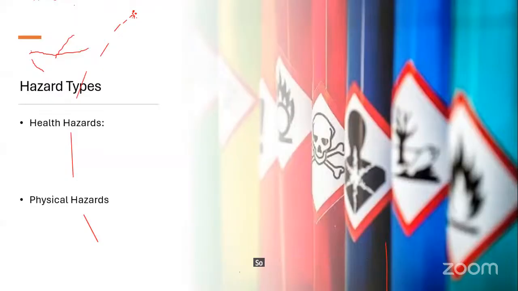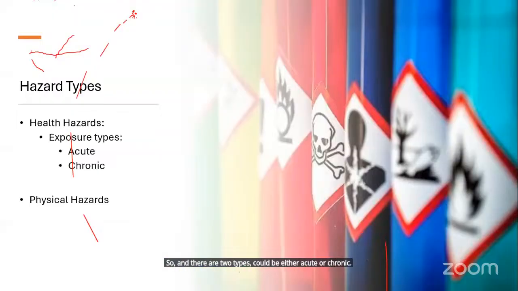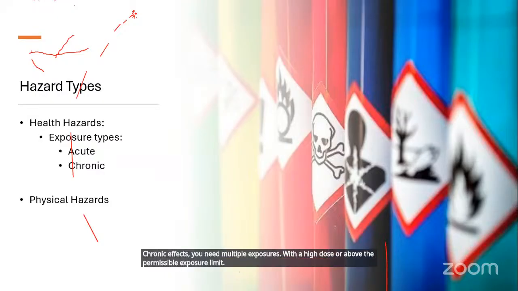And there are two types, either acute or chronic exposure. And what is the difference between acute and chronic? Acute is immediate effect. So one exposure is enough to cause injuries. Chronic effect, you need multiple exposures with a high dose or above the permissible exposure limit to cause the injuries.